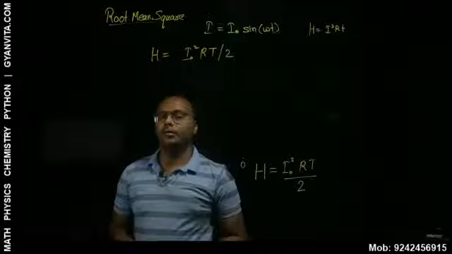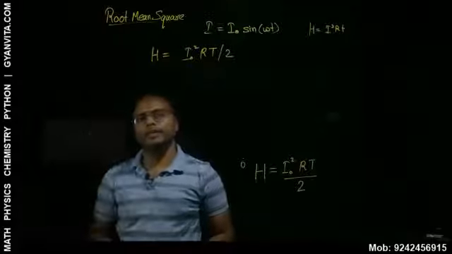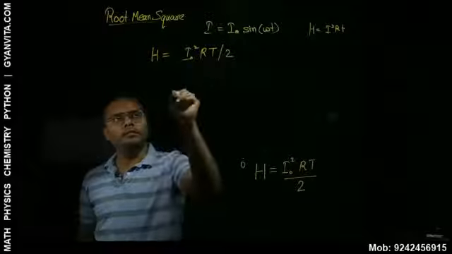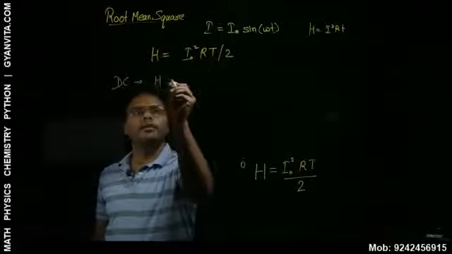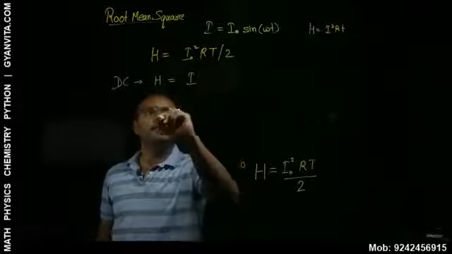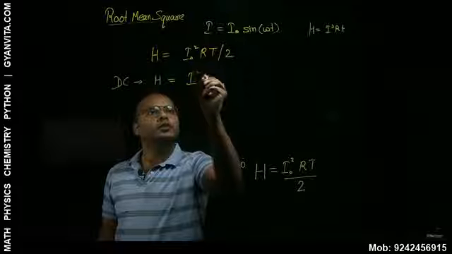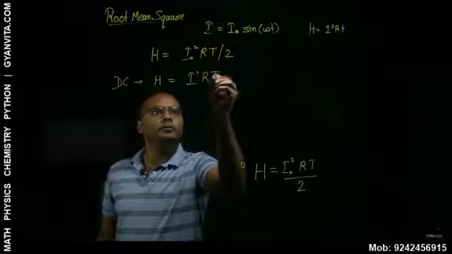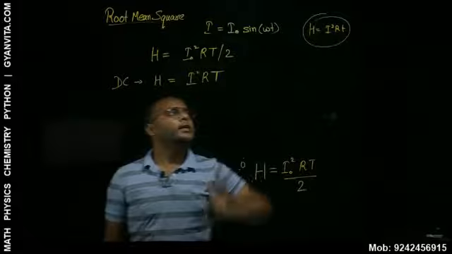IRMS. So if we have to find IRMS, we have to compare it with the DC. Now in the same amount of time, in case of DC, what will be the heat generated? It will be nothing but whatever I is there, I square into R into T. This is the heat generated in DC.